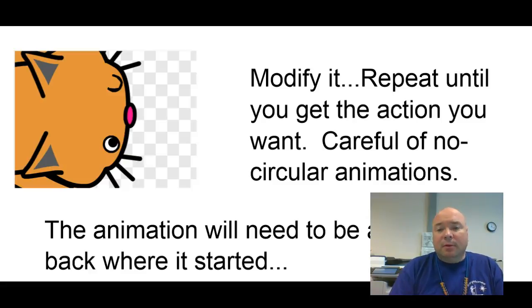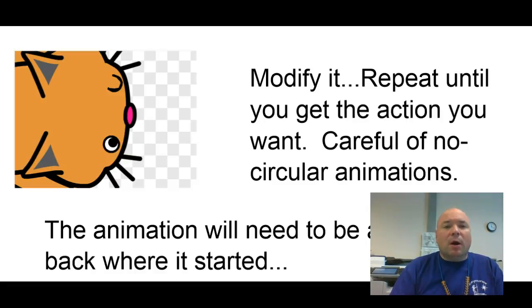However, you need to be careful that you have your animations so they're circular. You want to make sure that your animations will be able to start where they are stopped and stop where they're started, which means that, for example, if my cat was opening and closing its eye, it needs to look normal. It can't be eye open and then eye half closed and then eye open again.